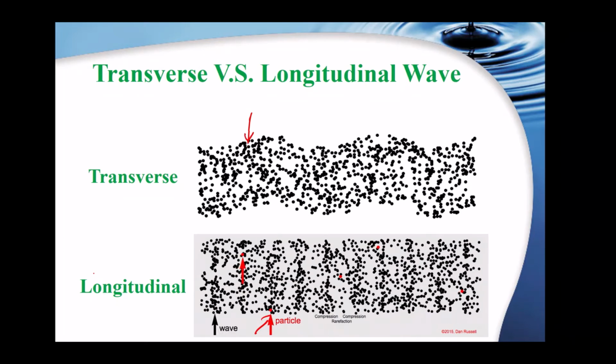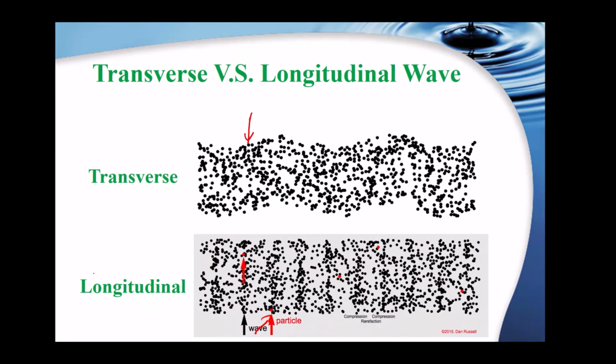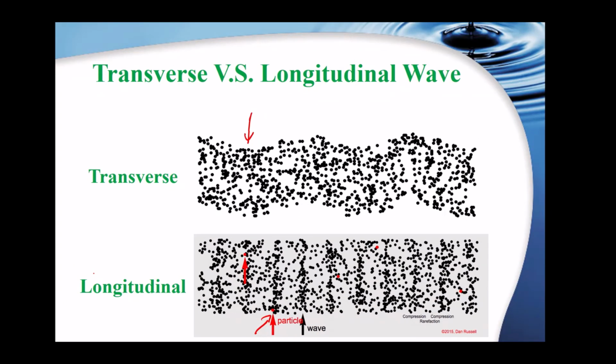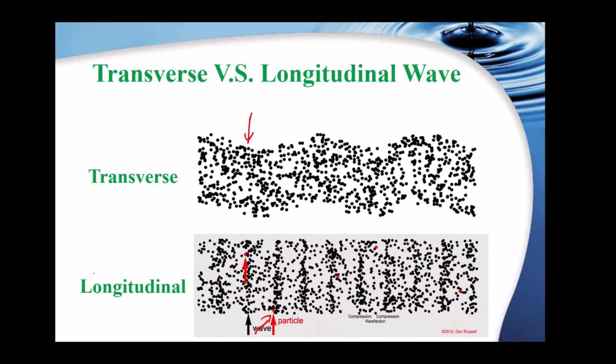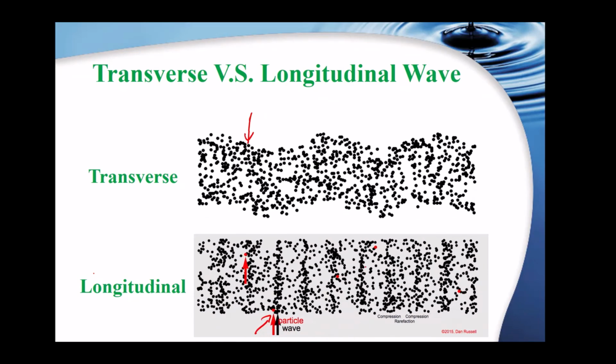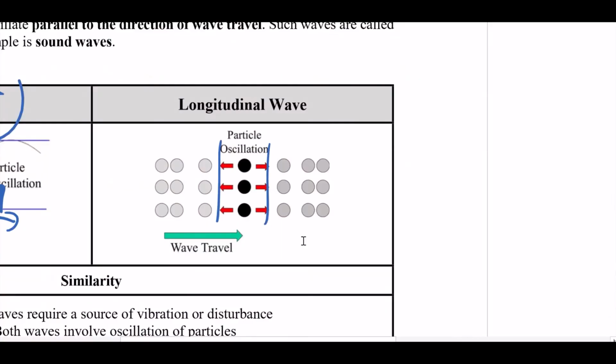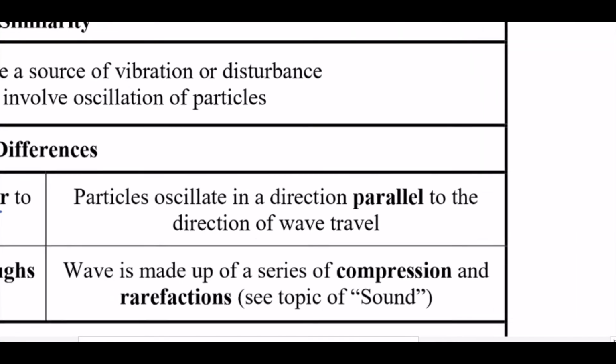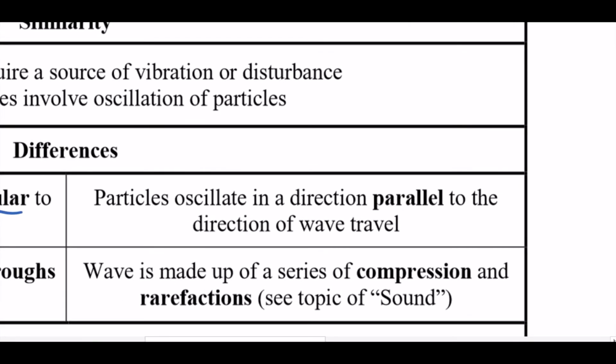You can find any particle on the longitudinal wave, and you will see that they oscillate in the direction of the wave, which is horizontal when the wave is traveling horizontally. So this is the characteristic of a longitudinal wave: the particles oscillate in a direction parallel to the direction of wave travel.